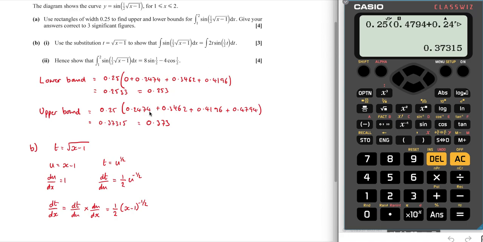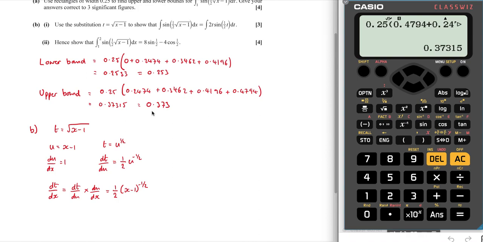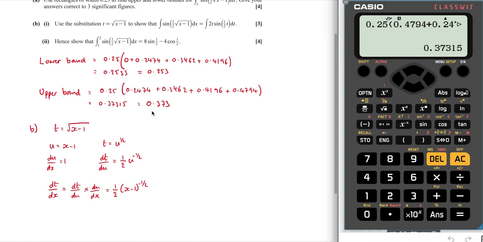Okay. So let's write this in a different way, just so I can see what's going on. I've confused myself a little bit. So let's tidy this up a little bit. dt by dx is 1 over 2 root x minus 1.